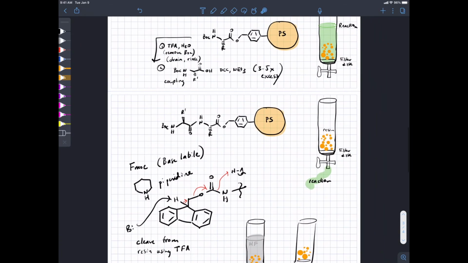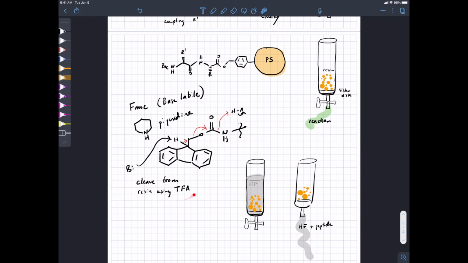So for Boc chemistry, all of the side chain protecting groups fall apart in HF. For Fmoc chemistry, all of the side chain protecting groups come off in TFA. It's a complication which we're totally ignoring, but if you were to come up to the lab and see what amino acids we use, you would see that they have side chain protecting groups on them, and it's to prevent undesired side reactions.